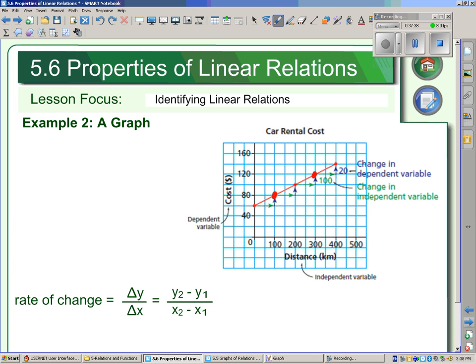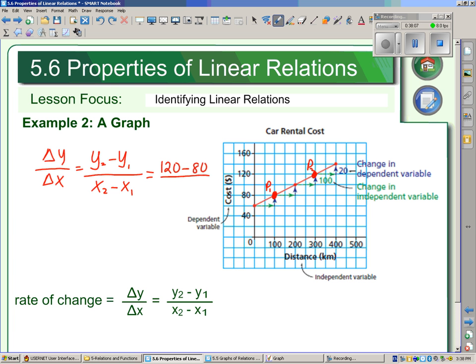So we'll call this point 1. We'll call this point 2. So it's the change in the y over the change in the x. And I need to read the y point for point 2 is 120. The y point for point 1 is 80.